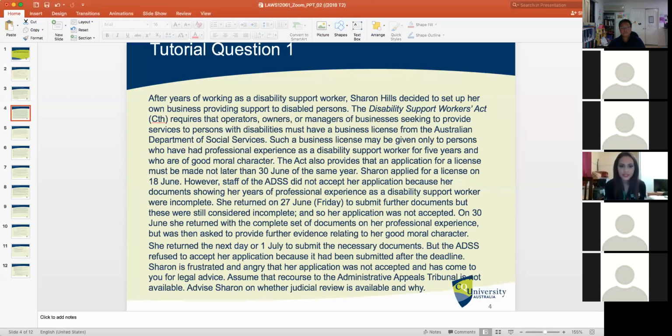She returned the next day, July 1, to submit the necessary documents, but the ADSS refused to accept her application because it had been submitted after the deadline. Sharon is frustrated and angry that her application was not accepted and has come to you for legal advice. Assume that resort to the Administrative Appeals Tribunal is not available. Advise Sharon on whether judicial review was available and why.